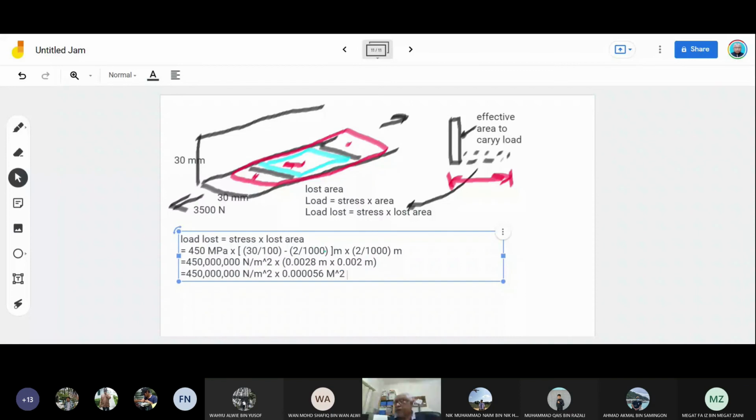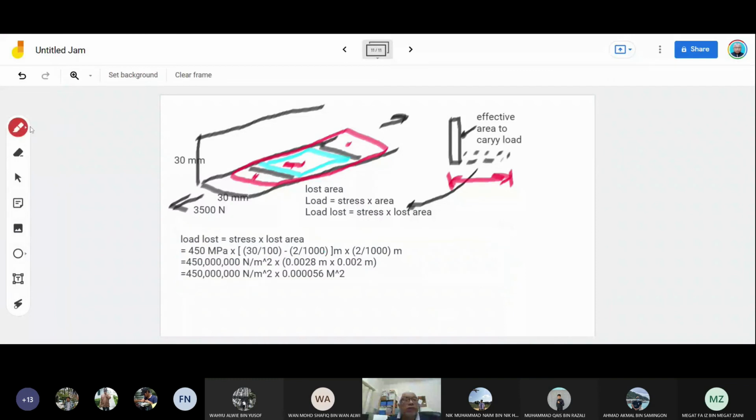So you can see here, meter square, you can cancel. So Newton per meter square, you times meter square, you can cancel this, and then you get the unit Newton. If you get the unit Newton, then you are on the right track.